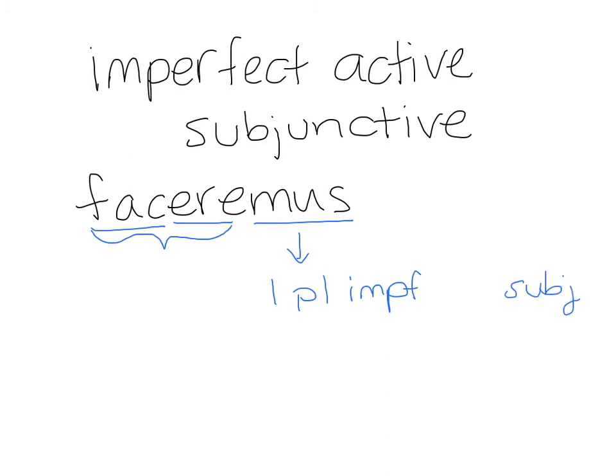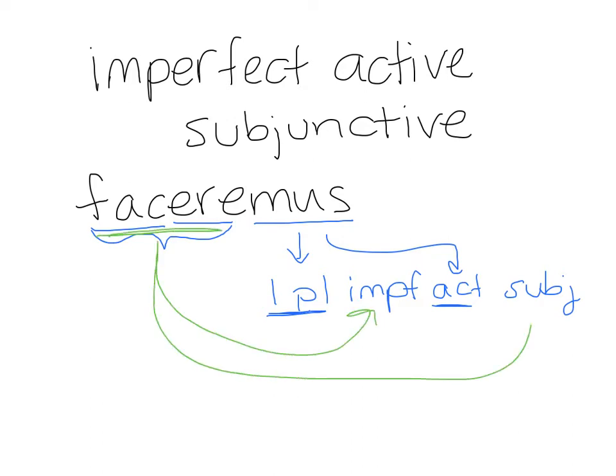The mus also tells me that it's active. So mus tells me first person plural and active. And then facere, this part right here tells me imperfect and subjunctive, that I've used that stem.